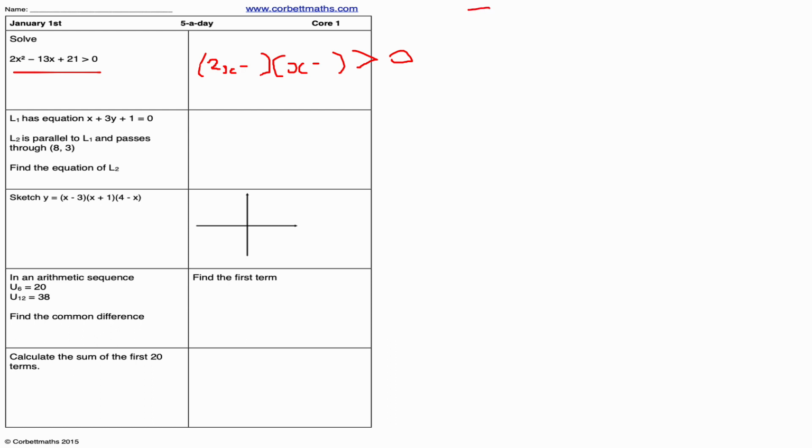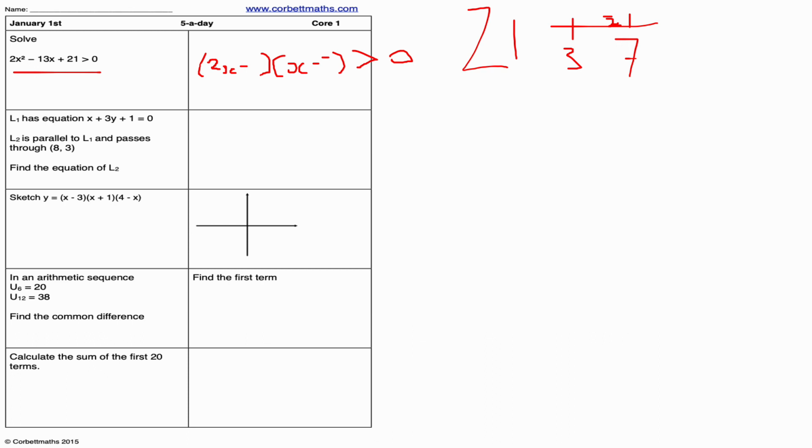So the factors of 21 are 1 and 21, and 3 and 7. So let's just test these. This one isn't going to work at all because there's no way that I can get 13 from 21 and 1. But from here I think I can.